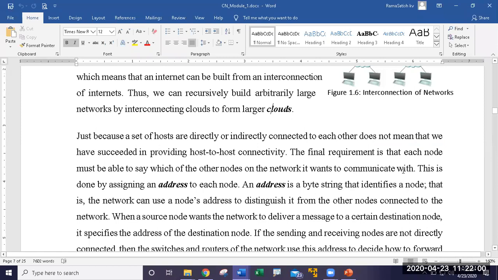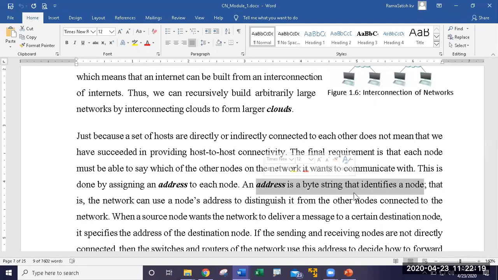In order to do this, every computer on the network requires an identity, which we call an address. An address is a byte string to identify the node. There are two types of addresses. One is the physical address, which is the MAC address, imprinted on the network interface card (NIC), available on all computing and networking devices.